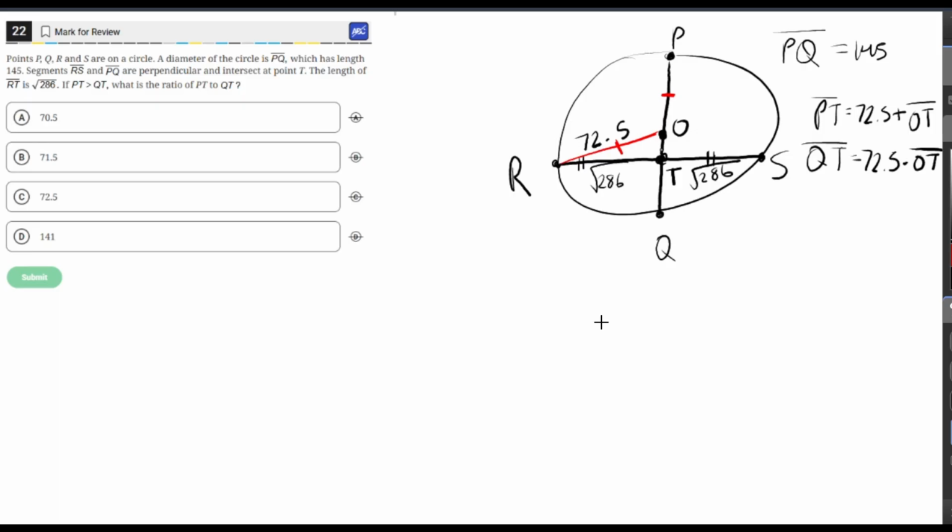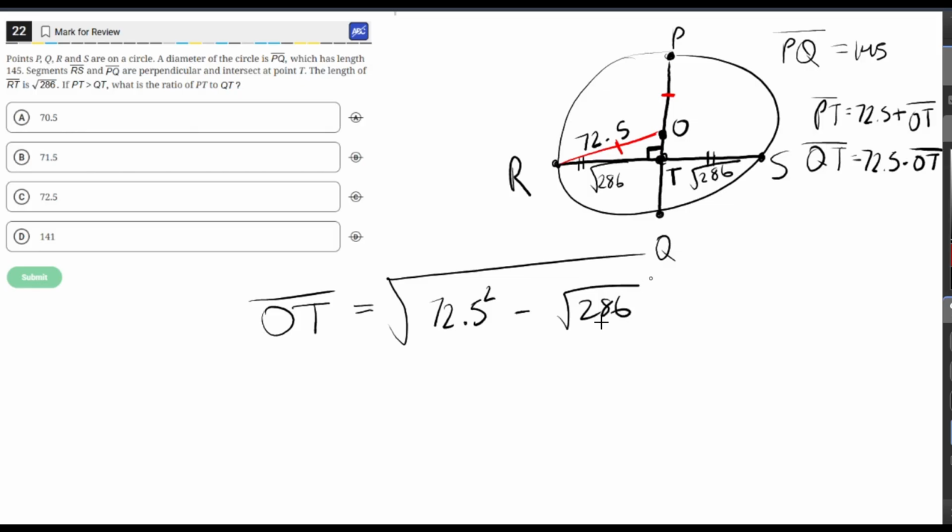Now, because it intersects at a 90, what do we notice about this triangle here? We can find OT given the hypotenuse and this leg. So OT is equal to the root of 72.5 squared minus root 286 squared. This is 286, right?